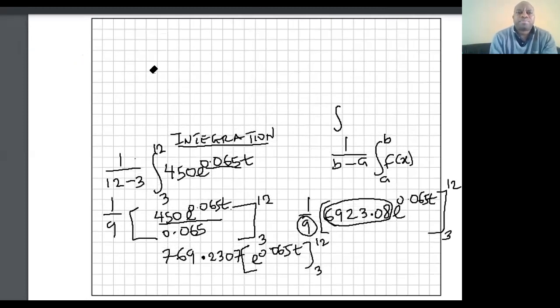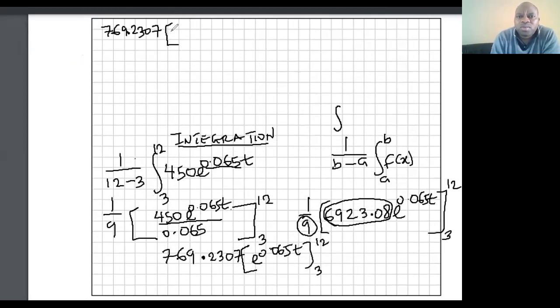Okay, now I have 769.2307. What does this interval mean?